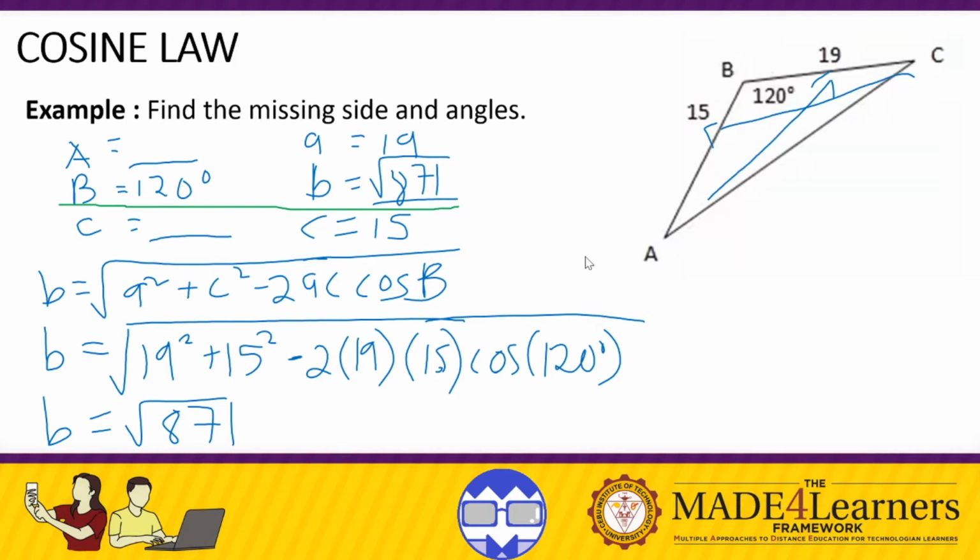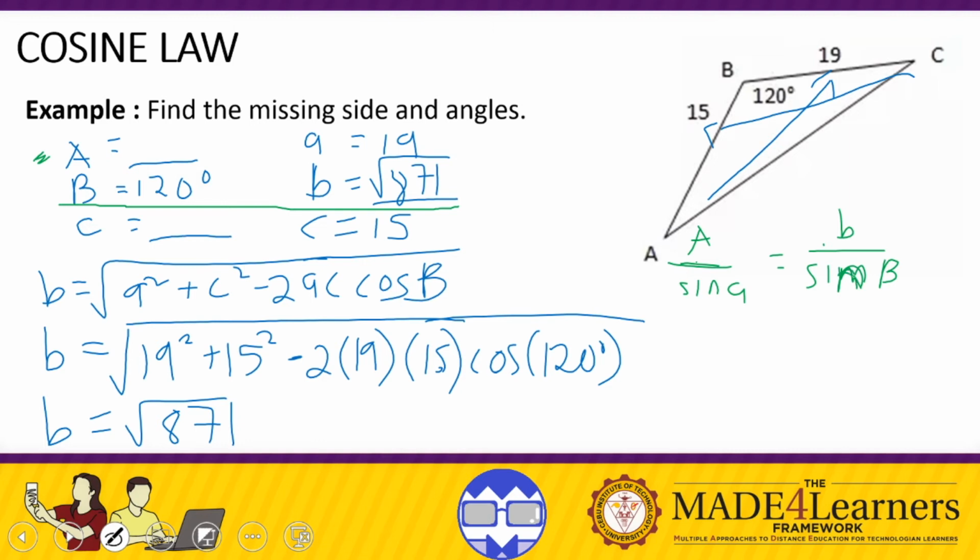So let's try answering for A. So A over sine A, so we're looking for capital letter A, equals B over sine B.